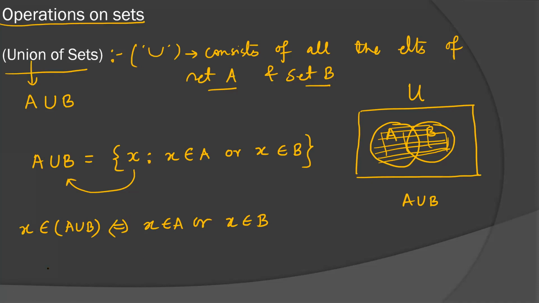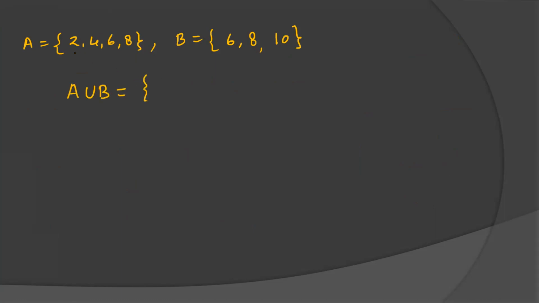Suppose we have set A as 2, 4, 6, 8 and set B as 6, 8, 10. Then A union B is going to be the collection of all the elements in A and B, which will be 2, 4, 6, 8, 10.